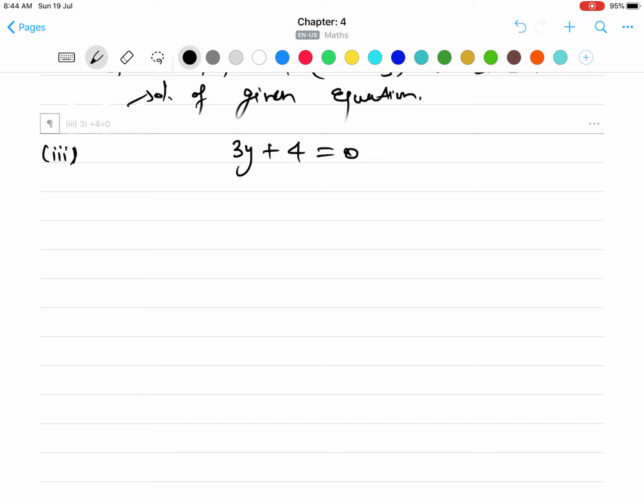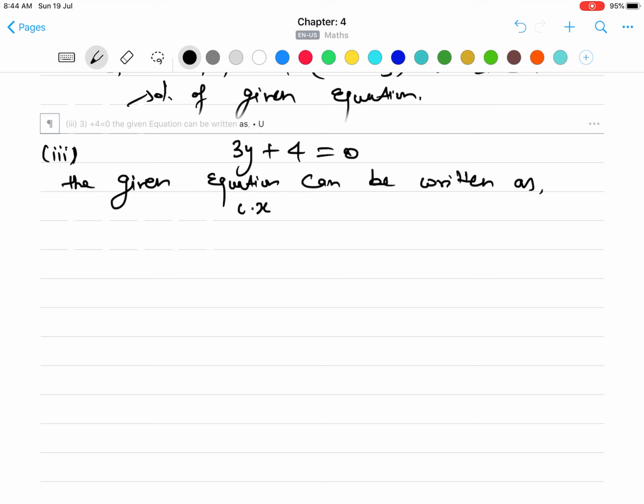So we'll write the given equation can be written as, with the other variable x with coefficient 0.